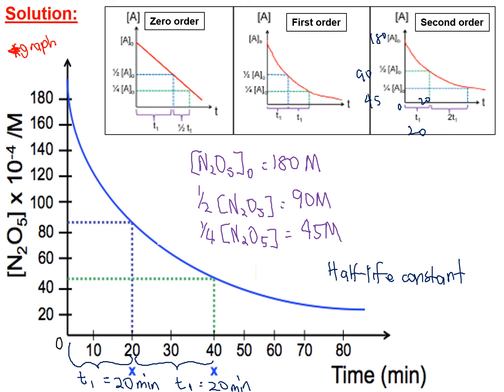Ni tiba-tiba you dapat 40, sebab this is 60. 60 minus 20 dapat 40. So kat sini you tahulah, half-life yang pertama 20, half-life yang kedua 40. Dua kali ganda. So bila dua kali ganda untuk half-life yang kedua ni, that means it's a second order reaction. But in this case, kalau let's say kamu punya half-life kamu constant, that means it's a first order reaction.